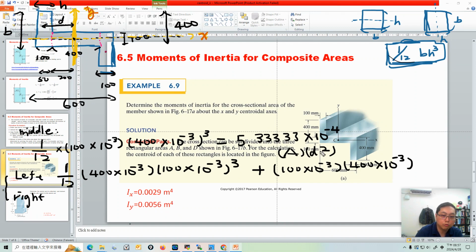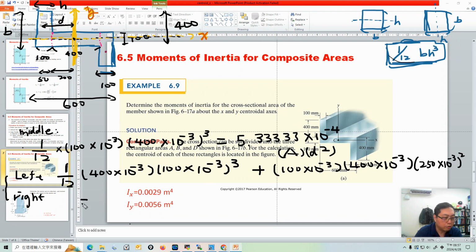Right now your d is 250 millimeter. D is the distance between the rotational axis and the centroid of the left part: 50 millimeter plus 200 millimeter. So your d is 250 millimeter, and we square it.